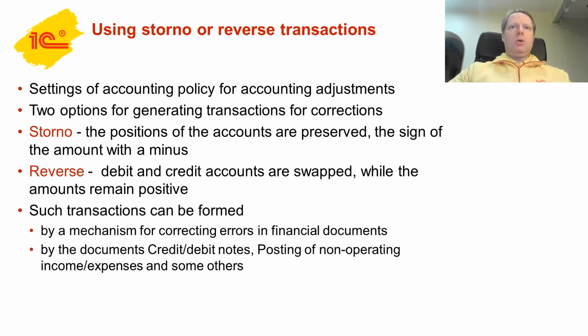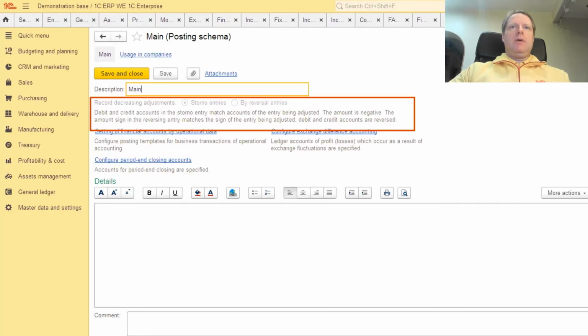And reverse mode: the debit and credit accounts swap places and the amounts will be positive. These options are set in the posting scheme list in the General Ledger Settings and Catalogs menu. We have seen this form before in a live demo of the system.